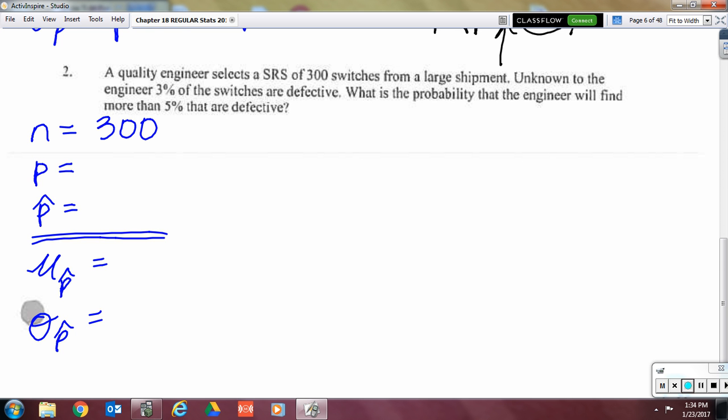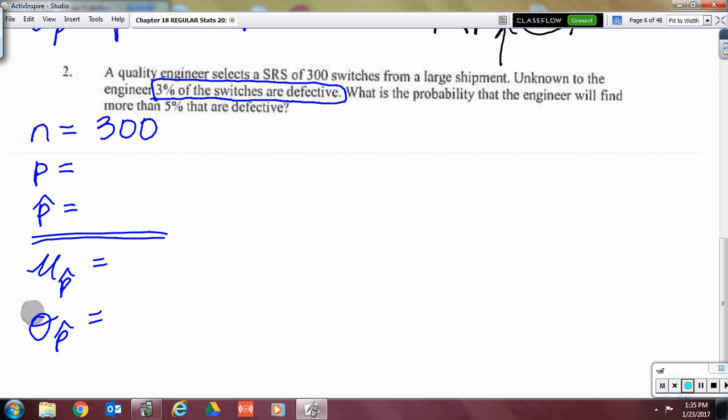First of all, is the population p 0.03 or 0.05? Which one's the sample and which one's the population? No. Unknown to the engineer, 3% of the switches are defective.